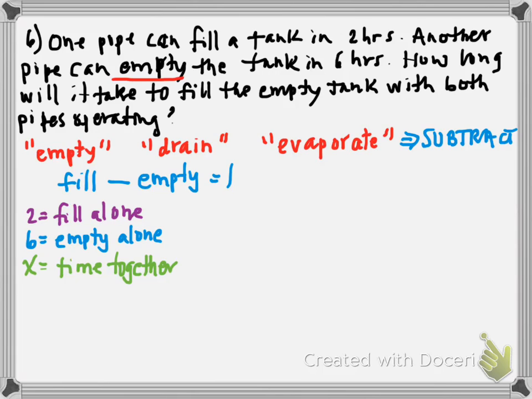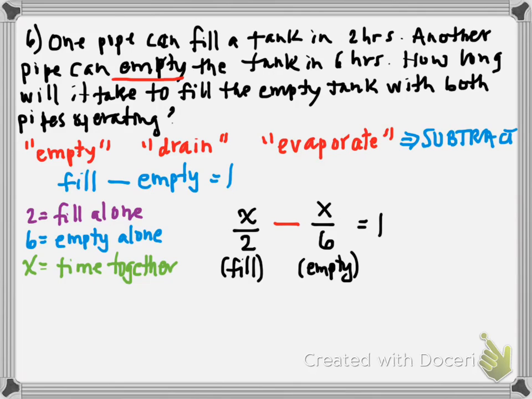That's what I'm saying. So what we have is together over alone. Fill must come in front. And then the big difference minus together over alone. That's the empty guy, the evaporate guy, the drain guy. Together, that's one complete job.